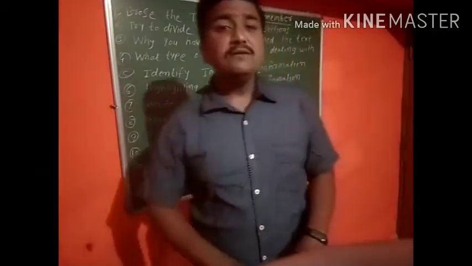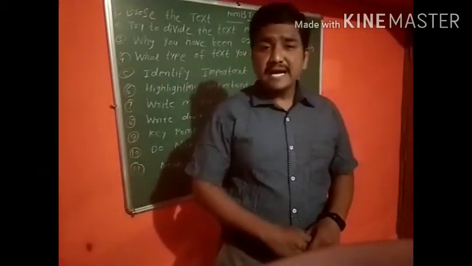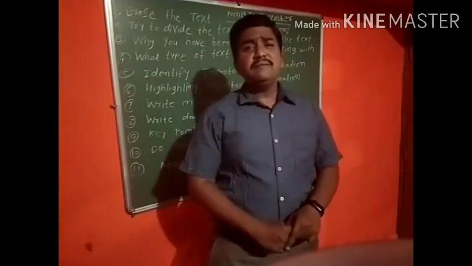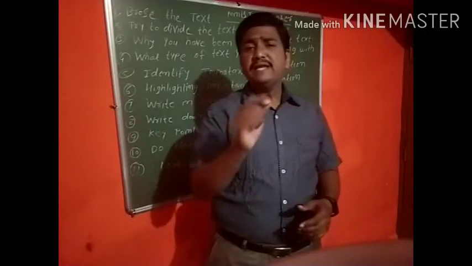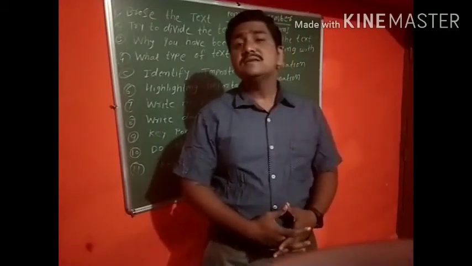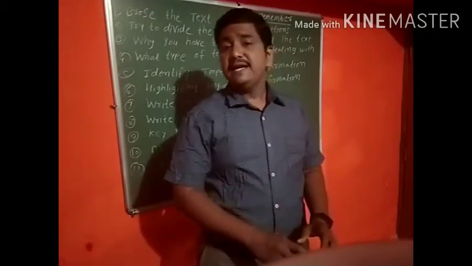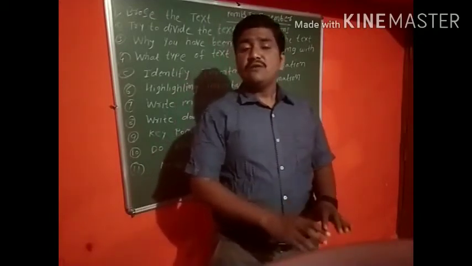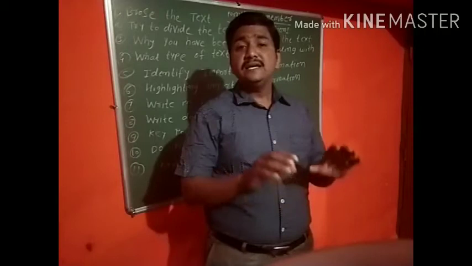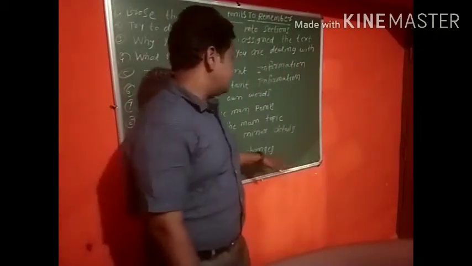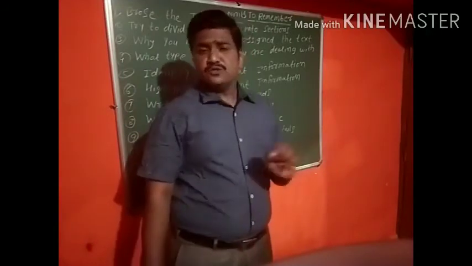If you really want to improve your summary writing, do not include minor points in this passage, because here they are demanding the concept directly, one third of the passage.